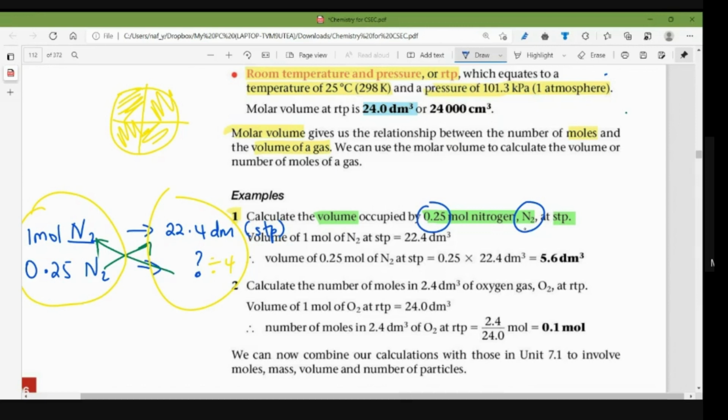And so my calculation will be 22.4 times 0.25, or 22.4 divided by 4. It's the same thing. All right. And then that answer will work out to be 5.6 dm cube.